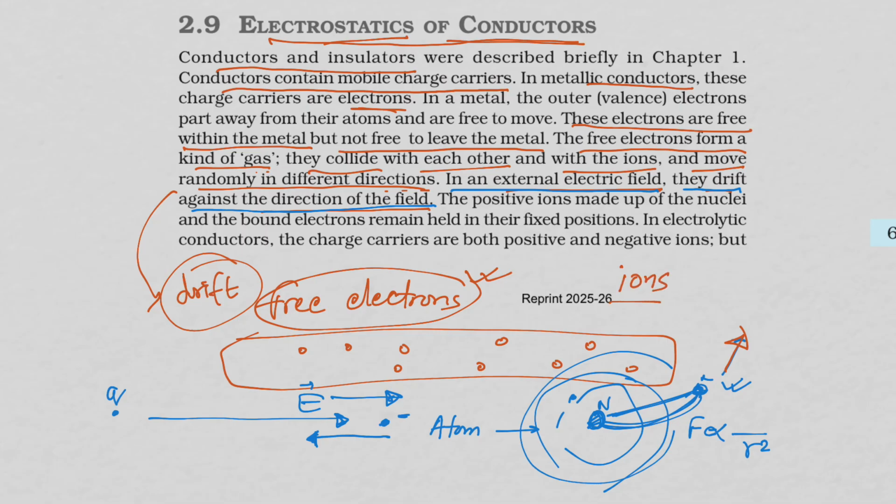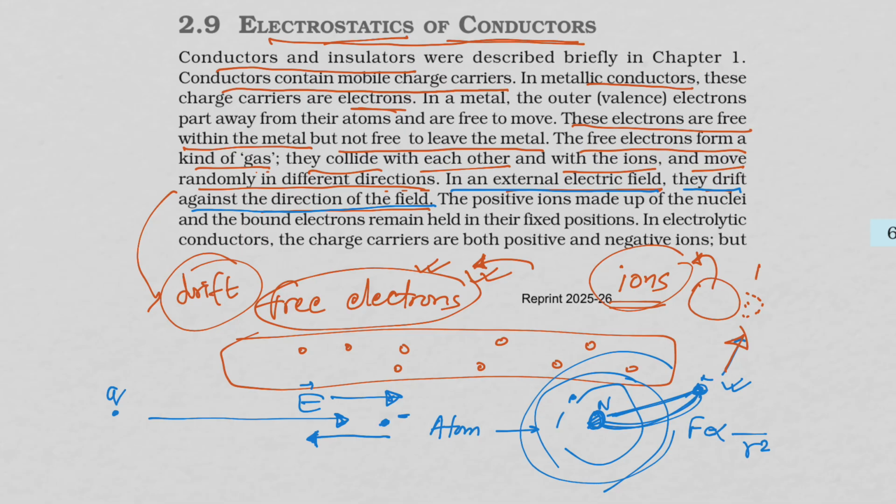And what are these ions? When the loosely attached free electrons leave the atoms, whatever is left, the nucleus with some certain electrons, is called an ion.